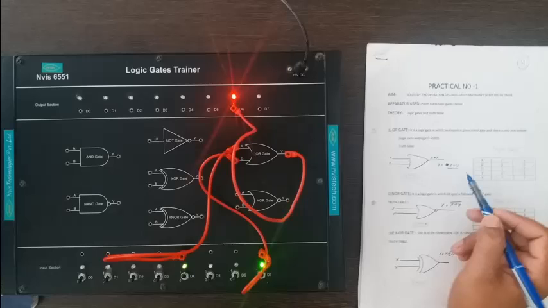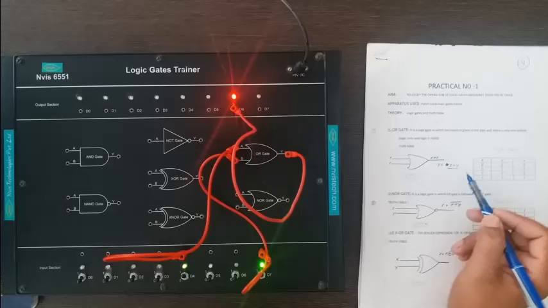This is the expression for your XOR gate. You can see here X XOR Y. Now how can you write this expression for the XOR gate?